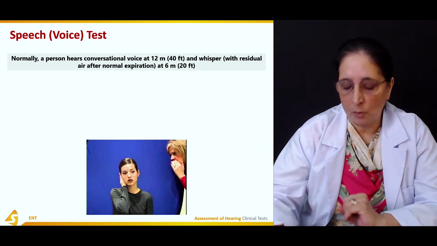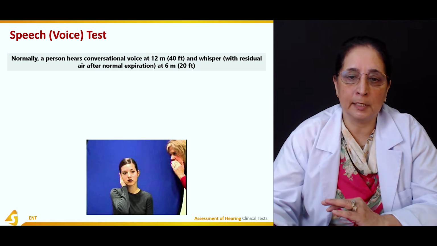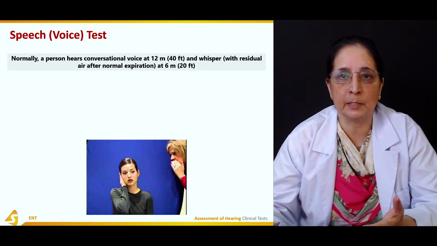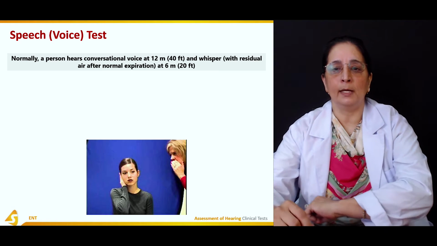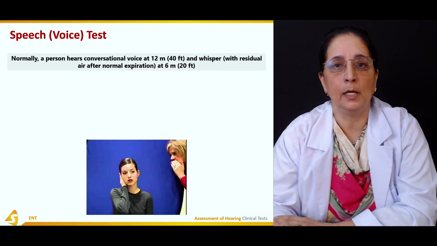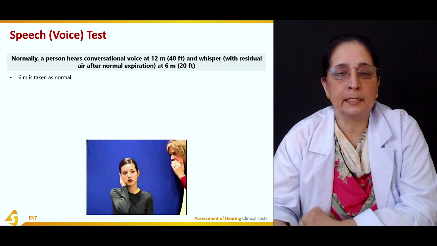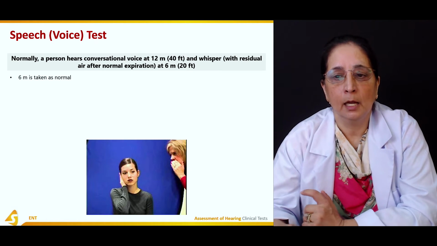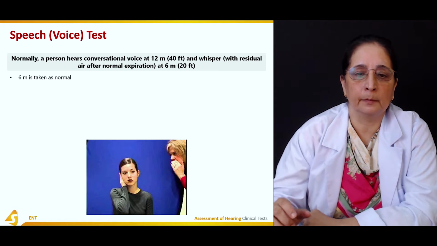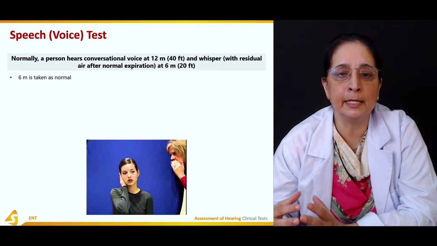That's for the normal person who hears normally. So conversational sounds and whispering, it's a halfway difference between the two. One is at 40 feet, one is at 20 feet. Six meters is taken as normal, the distance at which a normal person starts hearing the whispering.